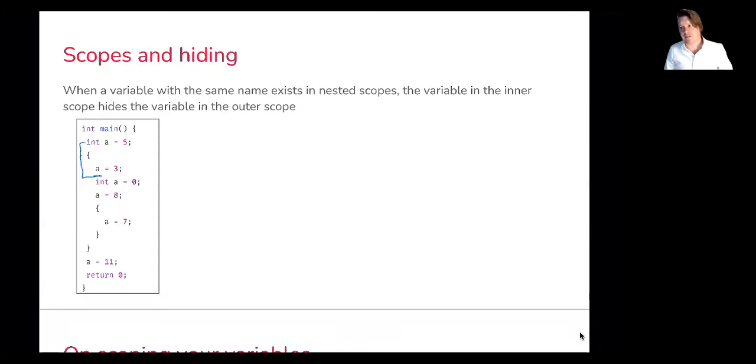However, the next line after that assignment, we see the declaration of a variable named a, same name, in an inner scope. So that will now hide the a that was declared in the outer scope. So in this case, when we make the assignment a is equal to 8, after the point of this declaration, that 8 is going in that variable there, and this variable is going to live down to the end of its scope.